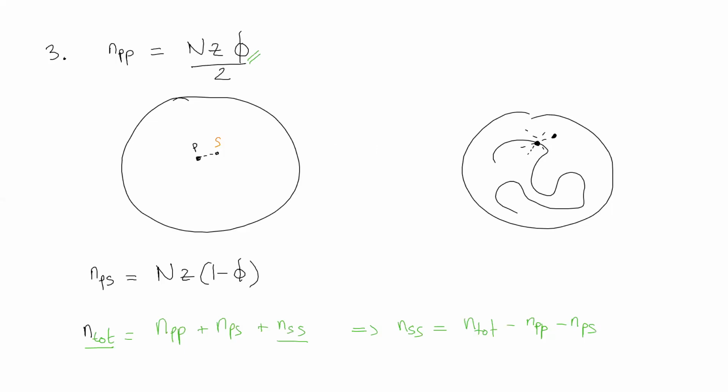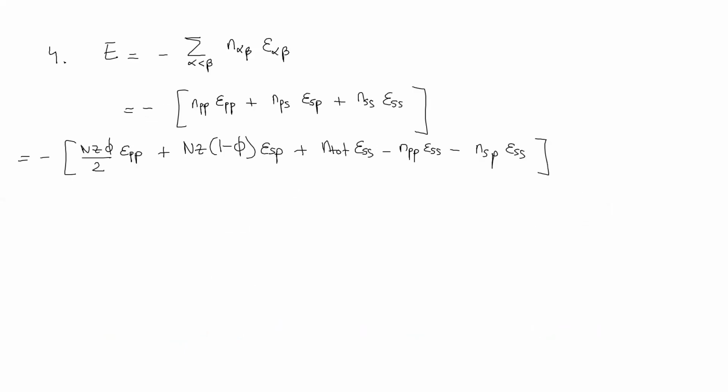NPP, NPS. Okay, and I should have replaced those by their values. So this is NZ phi over 2. And this is NZ(1 minus phi). So let me expand this so that we have all the contributions and we can think about them in closer detail.